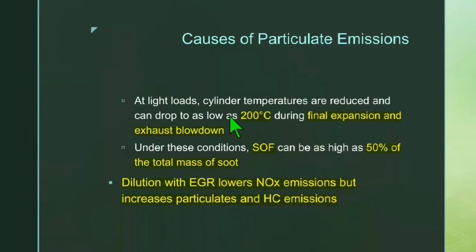At light loads, cylinder temperatures are reduced and can drop to as low as 200 degrees Celsius during final expansion and exhaust blowdown. Under these conditions, SOF can be as high as 50% of the total mass of soot. Dilution with EGR lowers NOx emissions but increases particulates and hydrocarbon emissions.